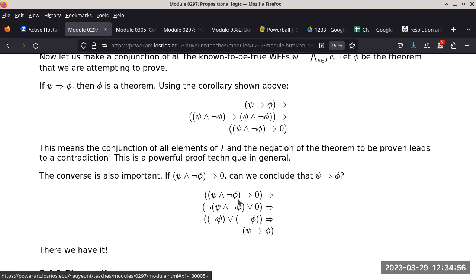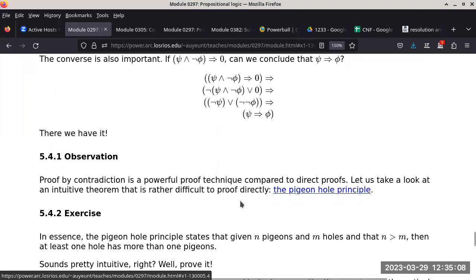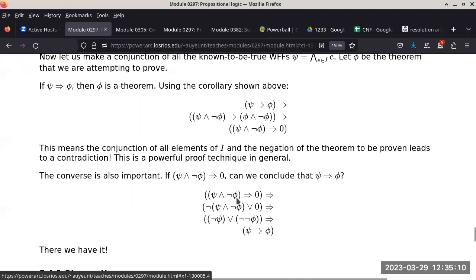But when psi and the negation of the proposed theorem is implying false, then what does that actually mean? Well, what that means in this case is this conjunction itself has to be false. Is that okay?